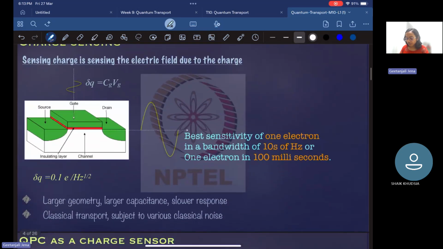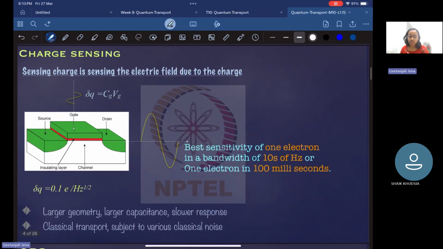Let us see in brief the classical charge sensors that we use for charge detection. A classical charge sensor is like a field effect transistor. Whenever the charge configuration around this device changes, the field changes, and accordingly we can detect the electron tunneling.